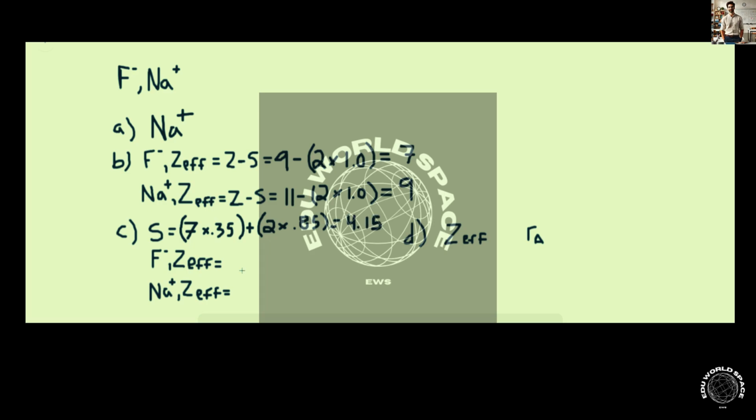And that'll make solving for the Z effective a little bit easier. This is still Z minus S. The only thing that's changing is S as compared to part B. So this is still 9 and 11 for the nuclear charge, or the number of protons. Both of these minus 4.15.